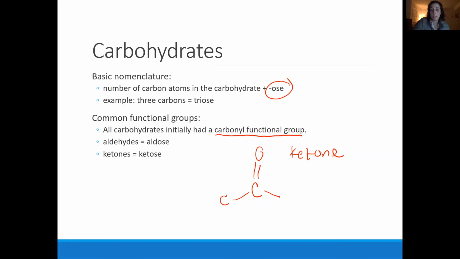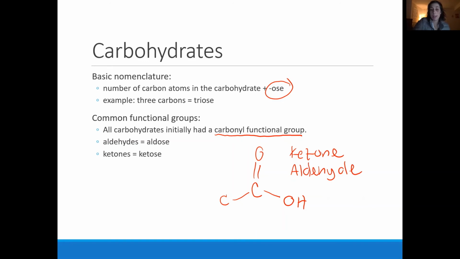And if there is a carbon and a hydrogen like this is an aldehyde. If you had, for example, instead an OH group here, this would be a carboxylic acid. So again, these are all types of carbonyl groups, right?